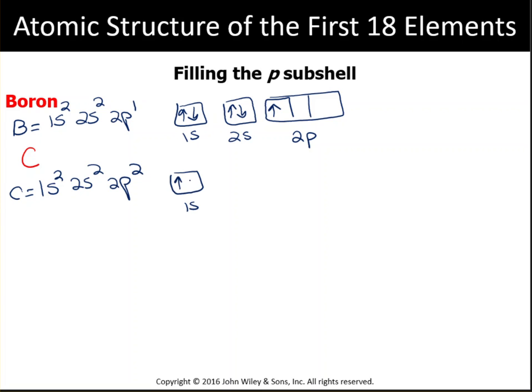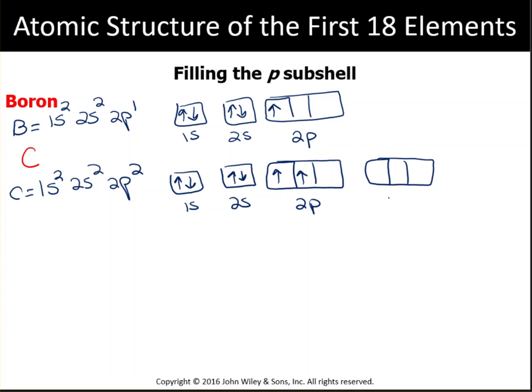So box diagram, 2 for 1s, 2 for 2s. And then for the 2p, yes, we have 2 options. We could either put the 2 like this, or we could put both of them in one orbital.